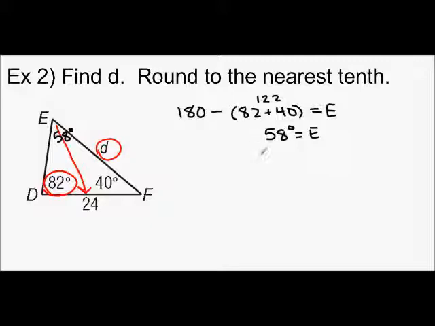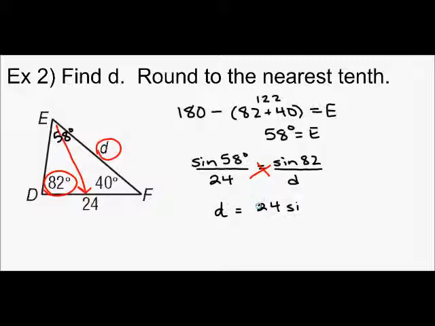Okay. Now I can set up my proportion. So notice here I have D, E, and F, not A, B, and C. That's okay. But I'm still going to have sine of one angle, so 58, divided by the side that goes with it, which is 24, equals sine 82 divided by d. Cross multiply and divide. So d equals 24 times sine 82 divided by sine 58.